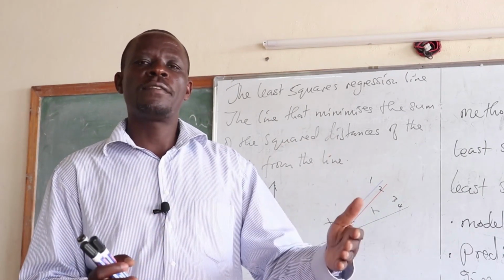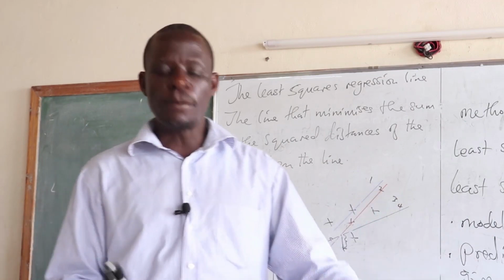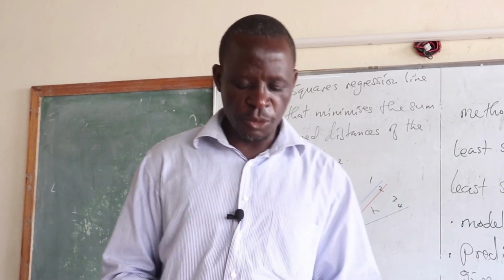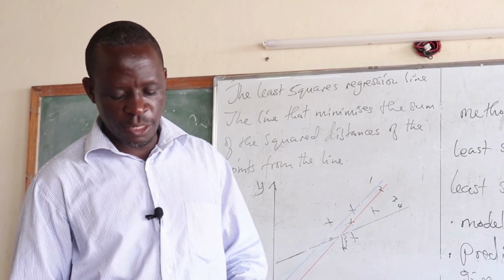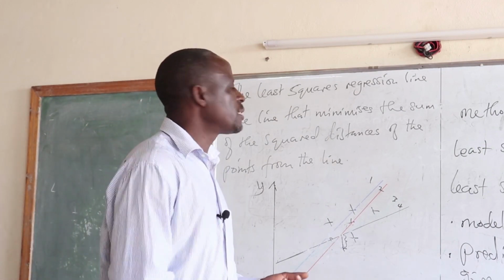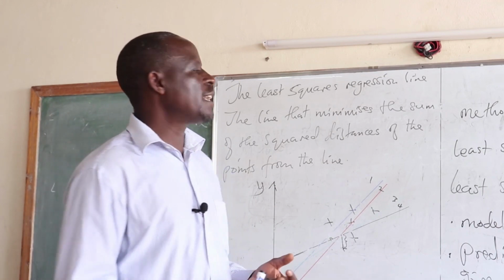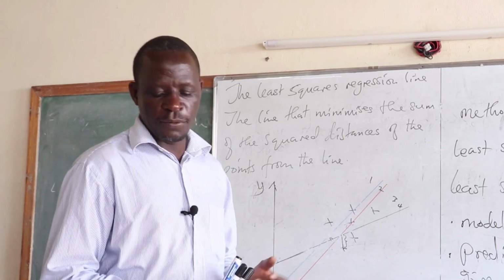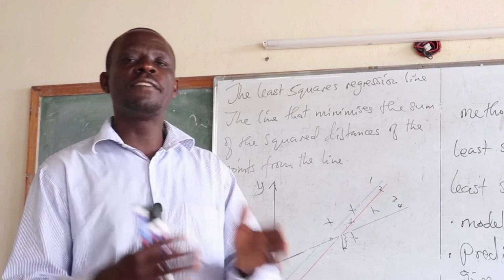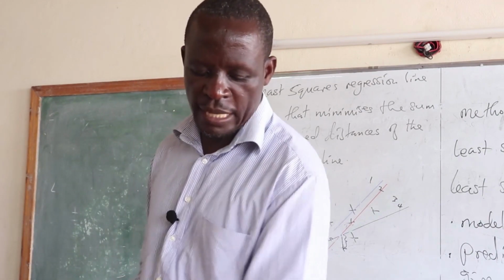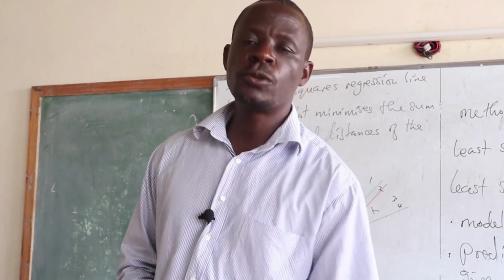When we're doing that, we'll be talking about interpolation and extrapolation. Take note that the least squares regression line is used to describe the relationship between two variables, but at the same time be used to predict the unknown values of y given the values of x. So we should be in a position to do that.